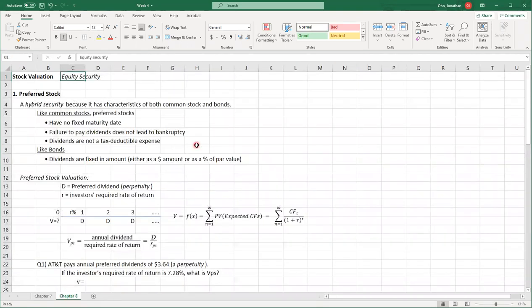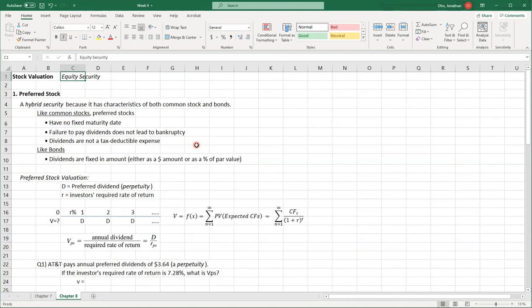But with an equity security, the corporation doesn't borrow. They sell their corporate ownership to investors. So if we buy common stock, we automatically become part of the ownership of the corporation.